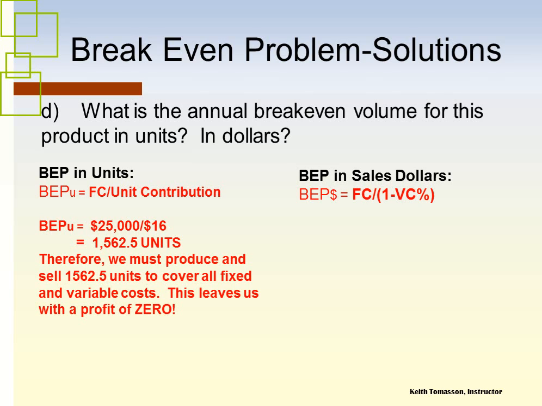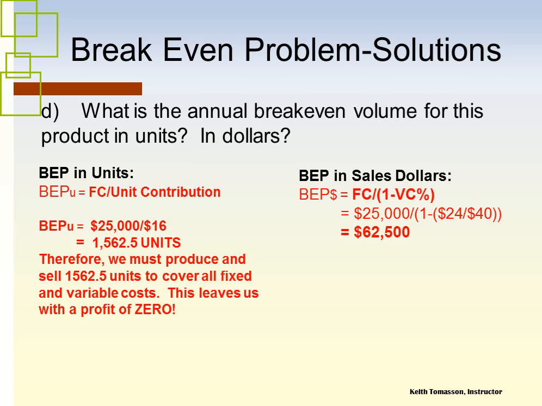We can also calculate the break-even point in terms of sales dollars. So the break-even point in terms of dollars equals our fixed costs divided by 1 minus the variable cost percentage. In our example, our fixed costs remain the same at $25,000. And the variable cost percentage is the total variable cost, which you calculated as $24 per unit, divided by the sales price of $40 per unit.